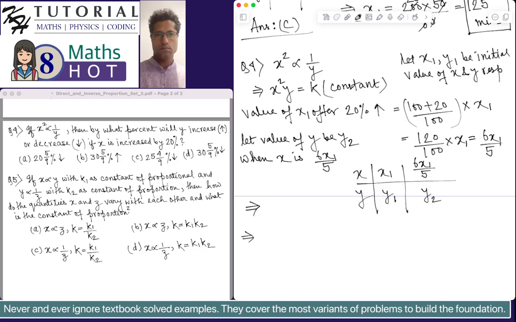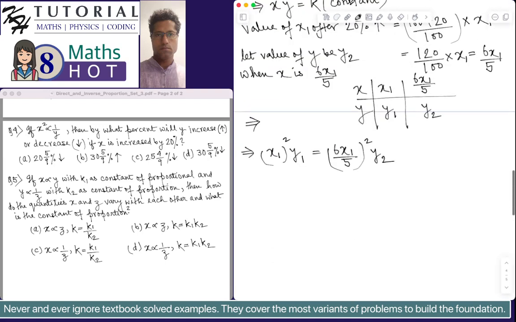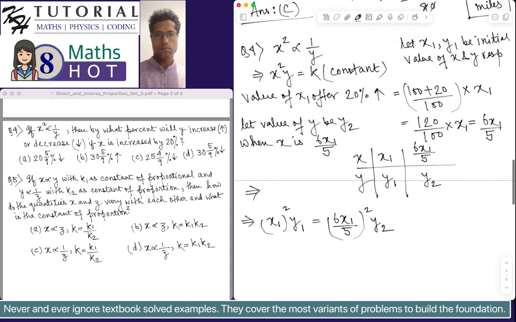So since we know that x square y is a constant, we must have x1 square y1 is equal to 6x1 by 5 square times y2. Okay.